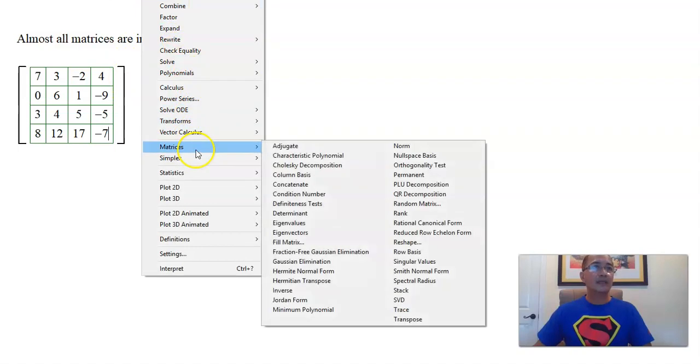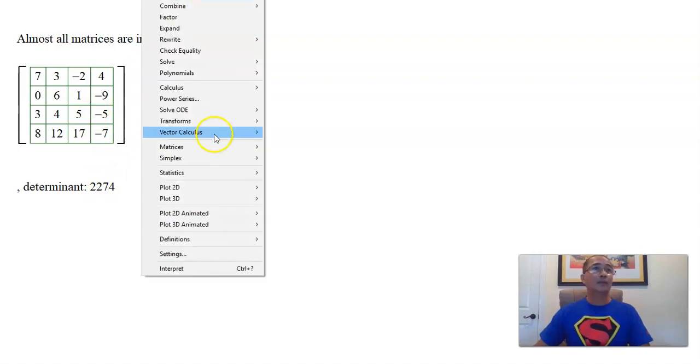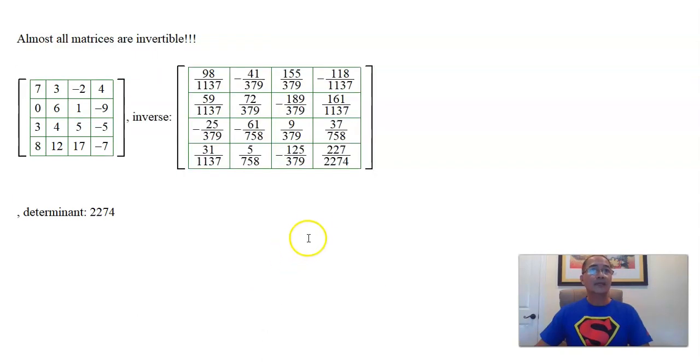Compute the matrix's determinant. Yeah, far from 0. So the theorem that we just did said, well, that determinant is not 0, therefore the matrix is invertible. So compute the matrix's inverse. Do you have an inverse?